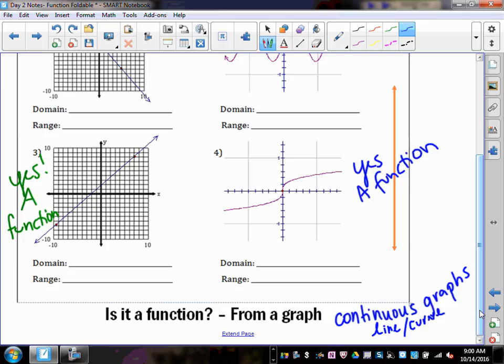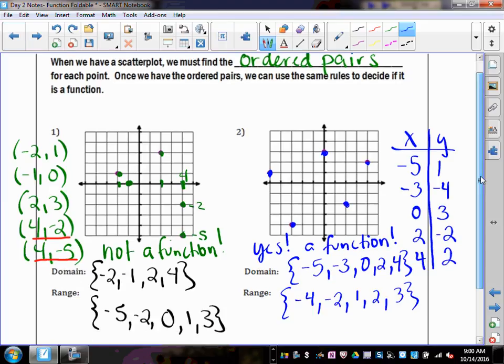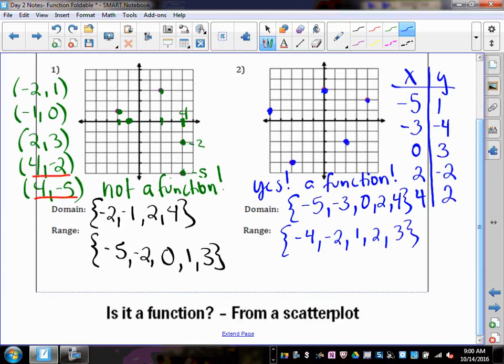Now flip back one to your scatter plot. Our scatter plots are what we call discrete graphs. So just write down here, I think it's spelled like this. It might not be, I'll check and see. So discrete graphs, which is a bunch of points.